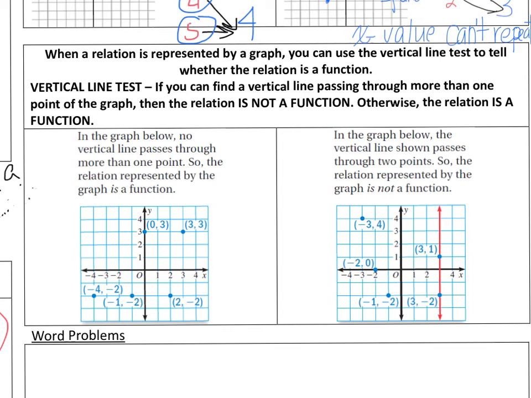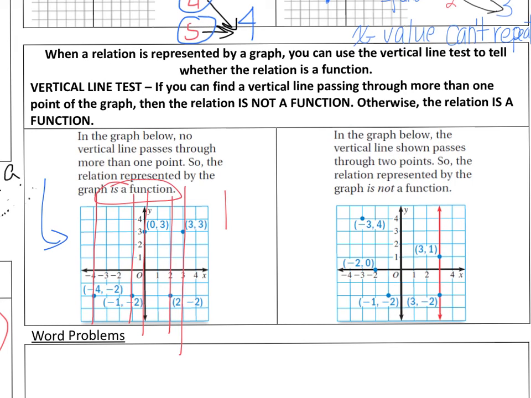Now I'm going to show you a quick way to determine whether a relation is a function. If you're given a graph, for example, like the one here, and you can draw a vertical line through every point and notice that there are no repeats of the x value, then the graph is a function.